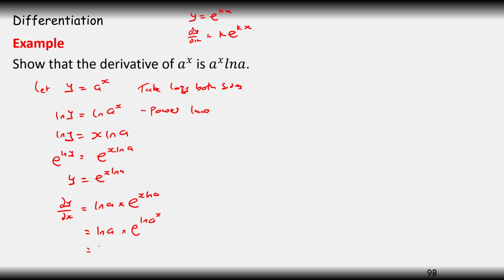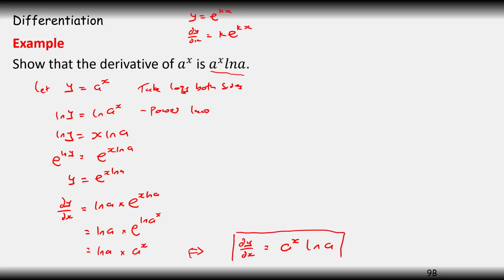So that leaves me with log of a times a to the power of x. I can rearrange that. So dy over dx is equal to a to the power of x times log of a, which is what we were trying to prove.